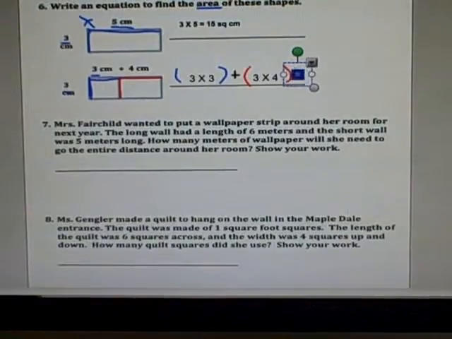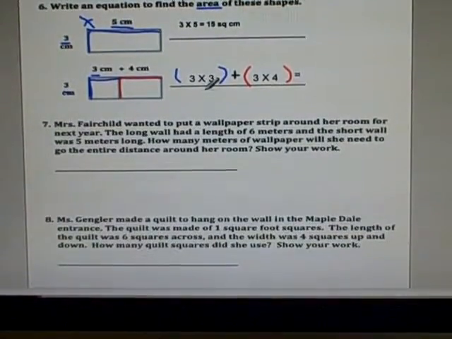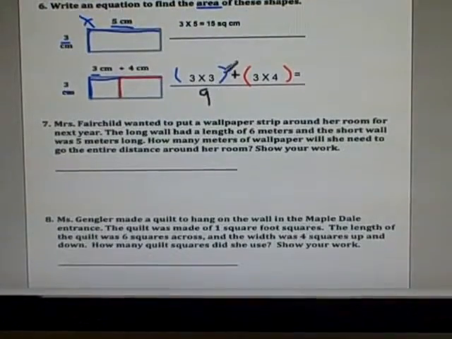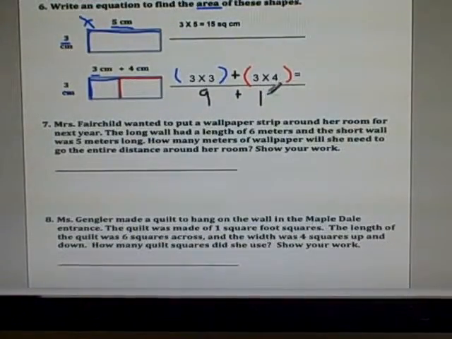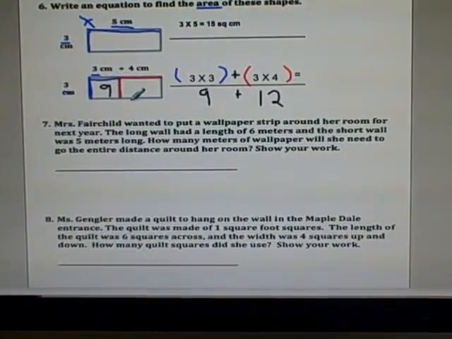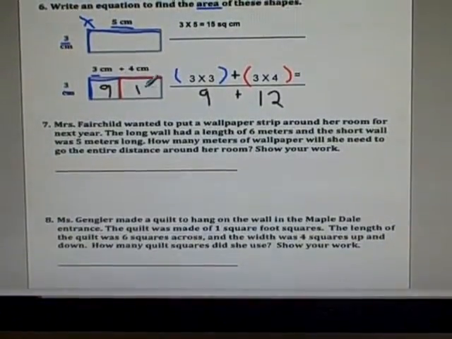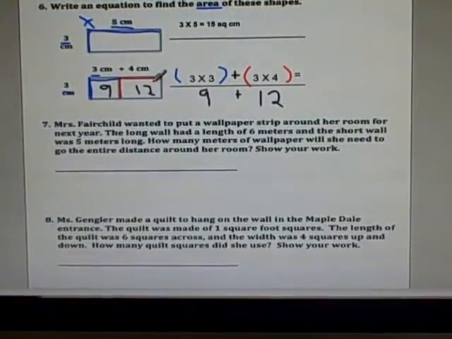And what do you come up with? Well, 3 times 3 equals 9. And 3 times 4 equals 12. So you've got 9 square units in this one, 3 times 3, and you've got 12 square units in this one, 3 times 4.